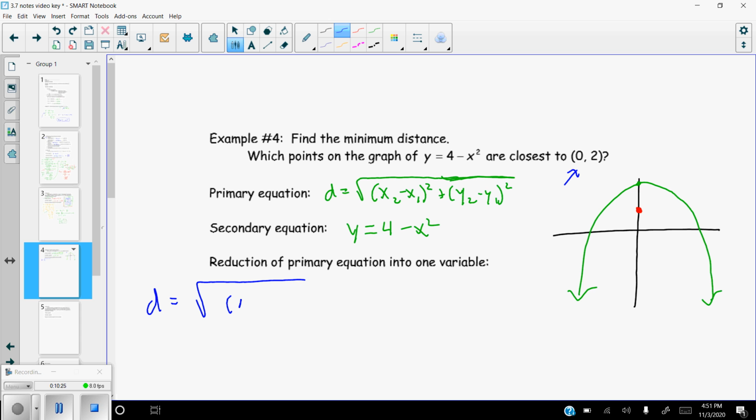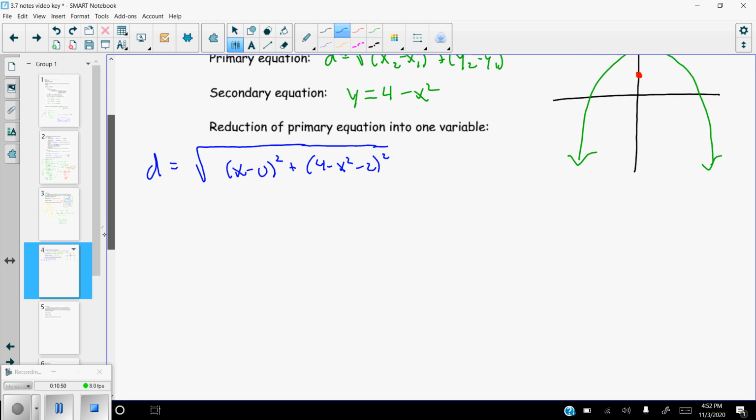So it's really going to be x minus 0 squared. I don't need the sub 2 anymore since I'm plugging in the other value. For y, the y1 value is 2 because that's the actual point. So y2 in this case is just going to be the 4 minus x squared. So we're going to have 4 minus x squared minus 2 squared.